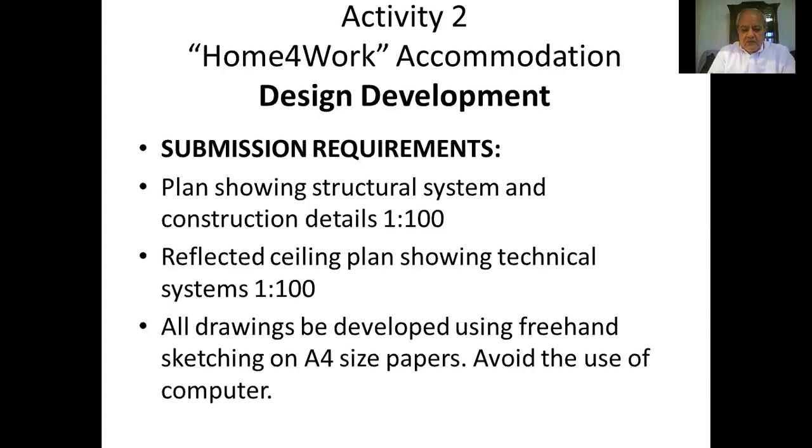The other drawing will be the same drawing. It can be another tracing paper on top of the first one. You start to think about the reflected ceiling plan of your design. Where do you want to locate the lighting systems? What kind of air conditioning are you going to use?